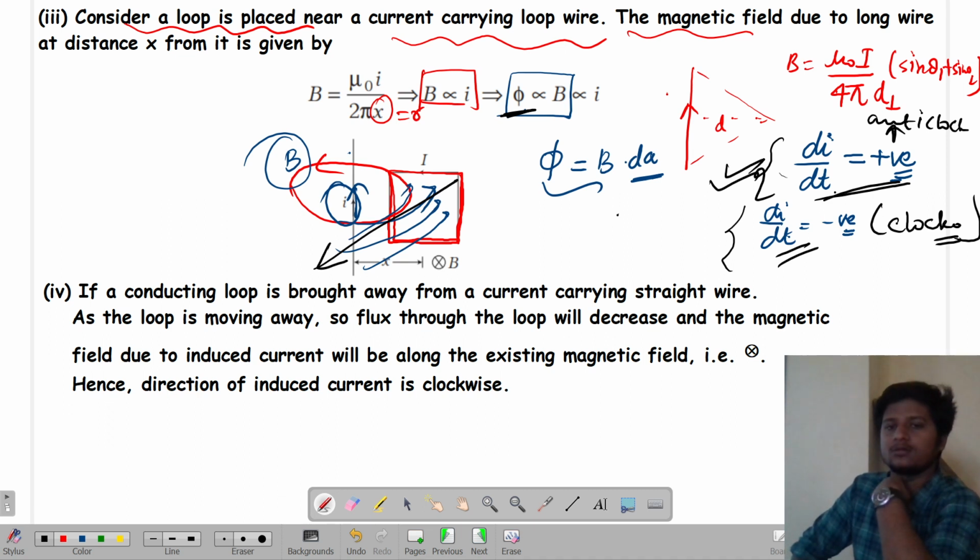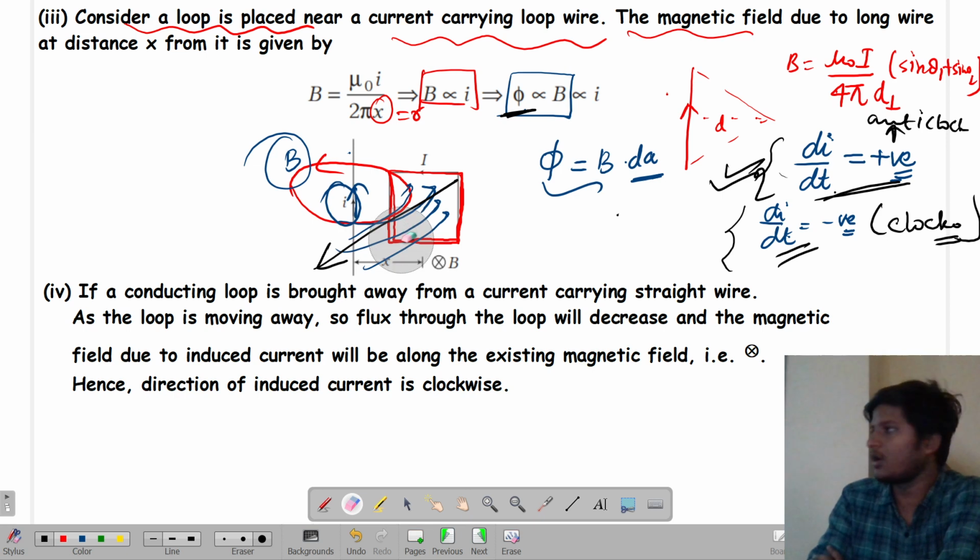Look over here. Point number 4. What is happening? If this conducting loop is brought away from the current carrying straight wire, as the loop is moving away, now what are we doing? Now we are changing. See, can I erase this?